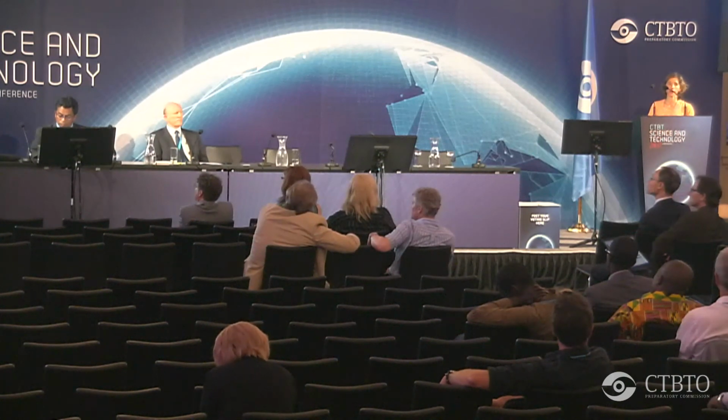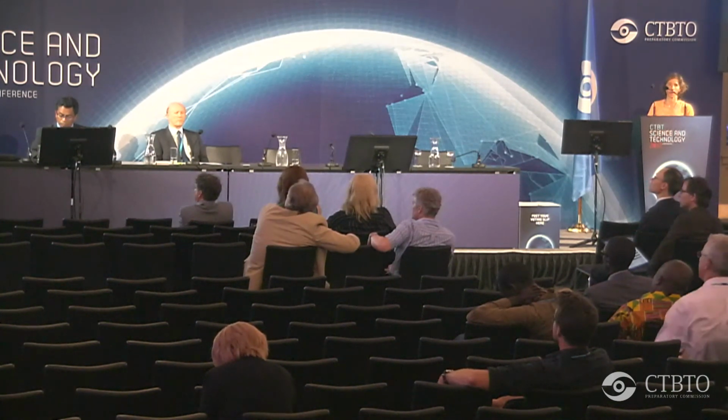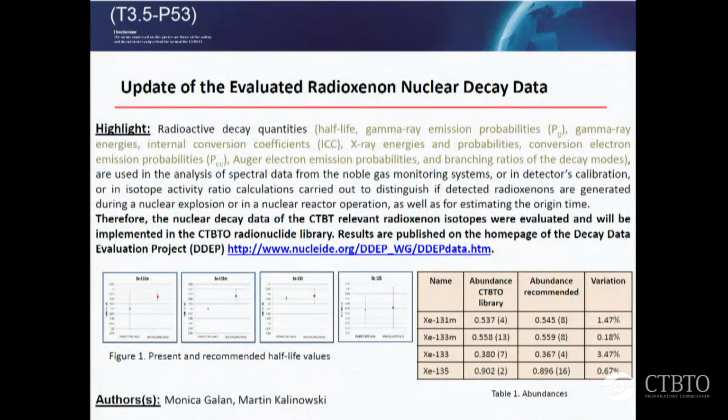Nuclear and decay data are well used in theoretical and applied physics. Here we present the latest evaluation on nuclear and decay data of the 4 radioxenons of interest for the CTBTO. The evaluations have been made under the Decay Data Evaluation Project group, and this includes the most recent measurements on these radionuclides and the latest computer tools used by evaluators.